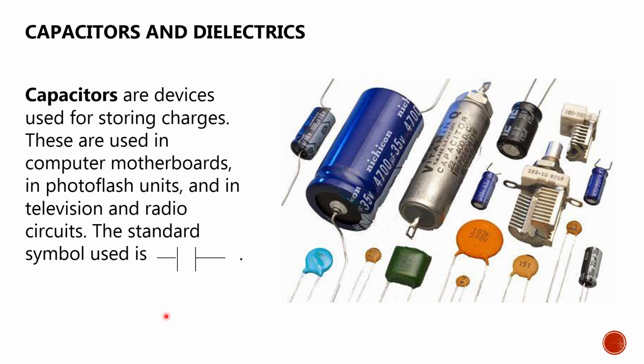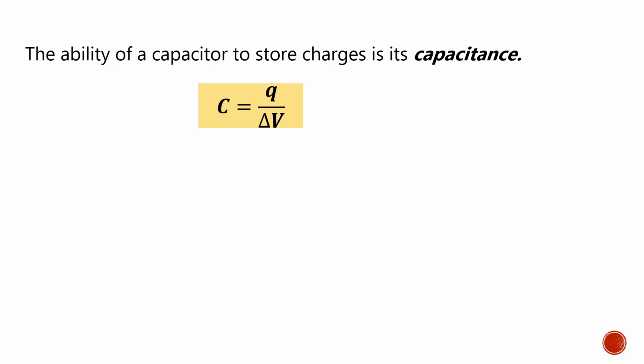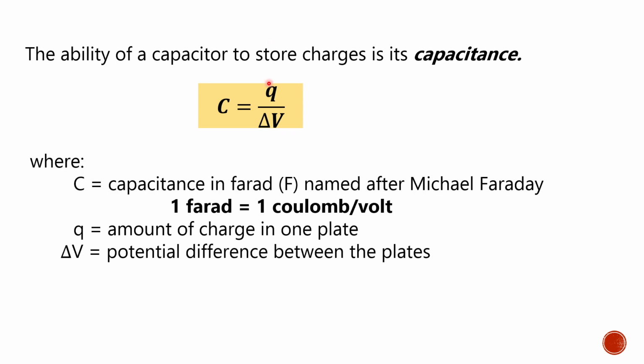The ability of a capacitor to store charge is called capacitance. It is defined as the ratio of charge to potential difference. The SI unit for capacitance is the farad, which is named after Michael Faraday.